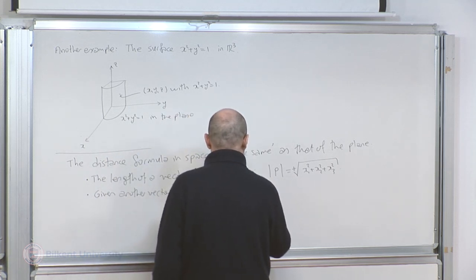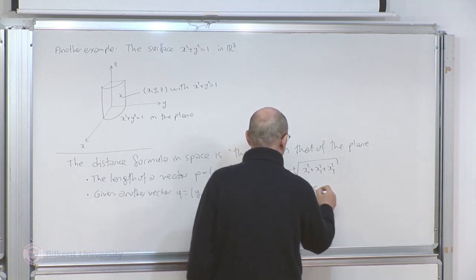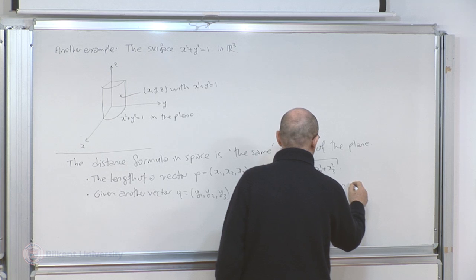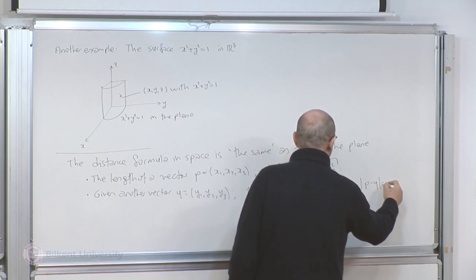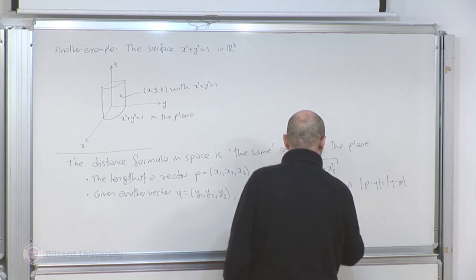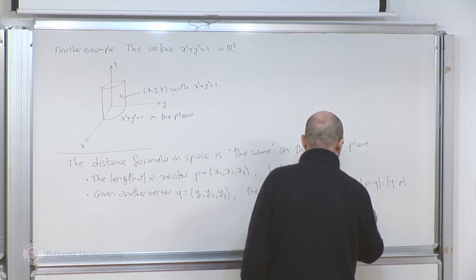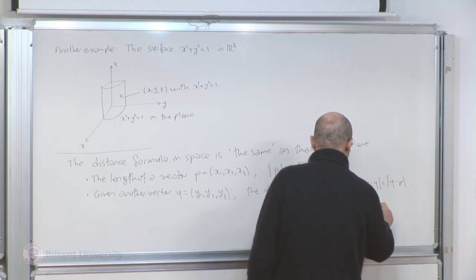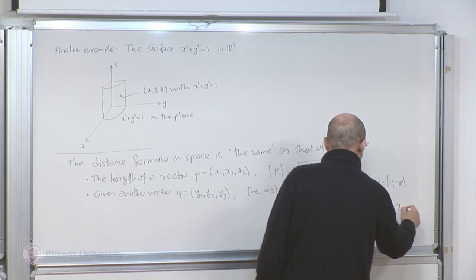The distance between them is the length of p minus q, or you can write it as q minus p. And that thing is again the positive square root of (x1 minus y1) squared plus (x2 minus y2) squared plus (x3 minus y3) squared.